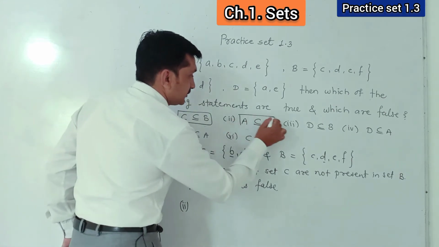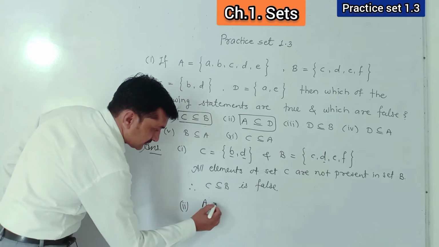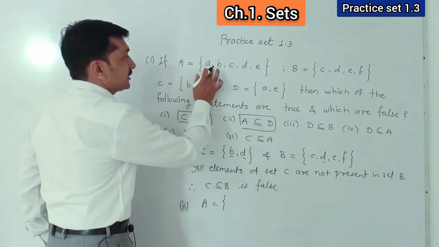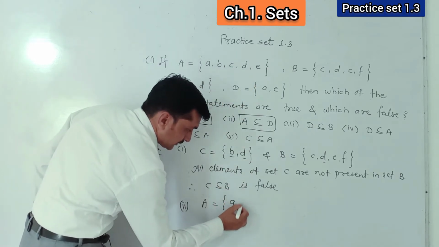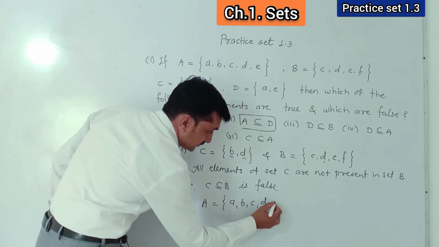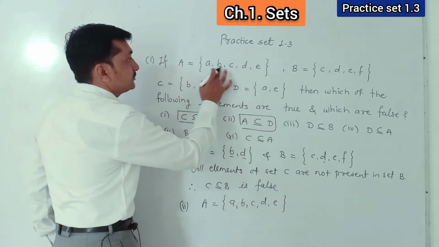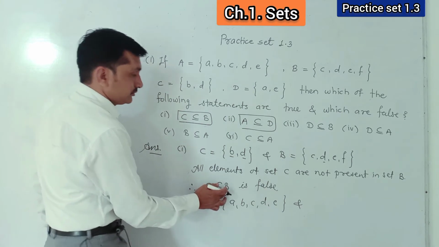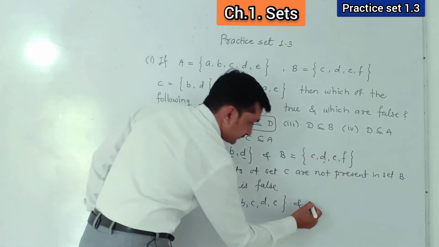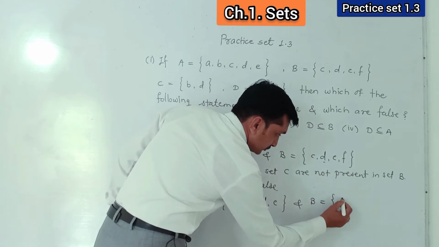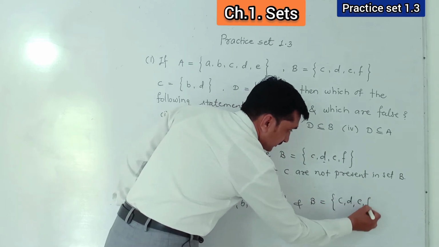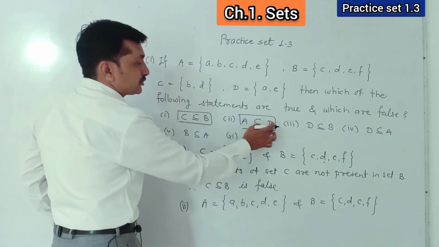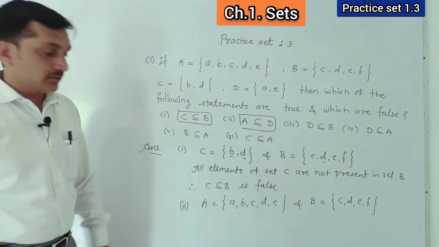Second is here A and D. A is equal to {A, B, C, D, E}, and D is equal to {A, E}. For observation we have tried both. And the statement is here A subset of D. Okay.